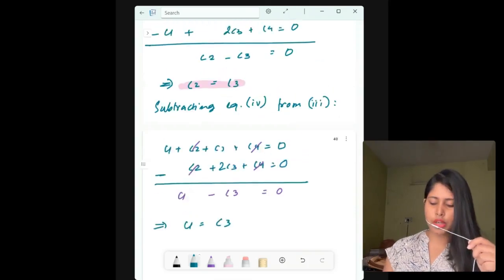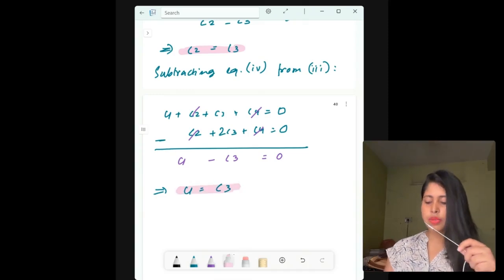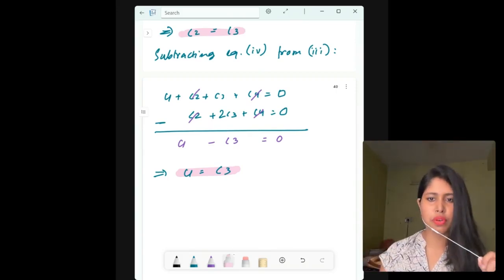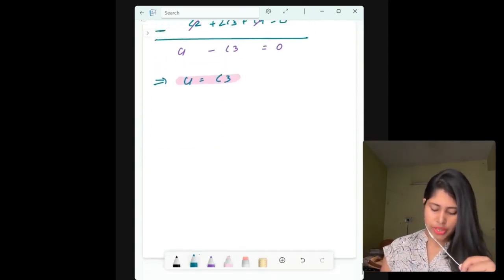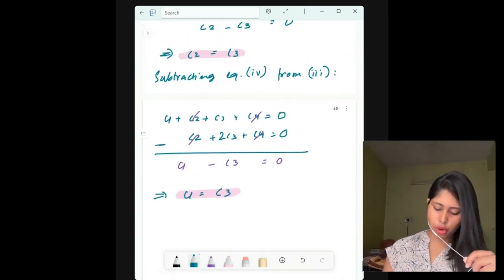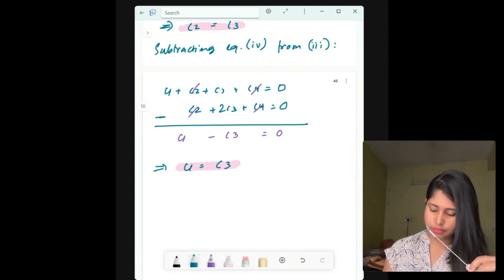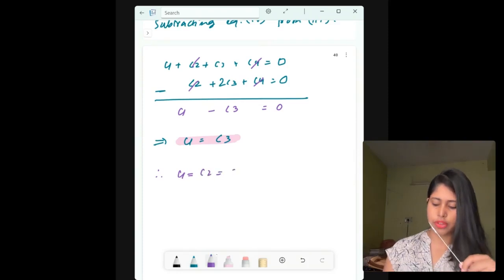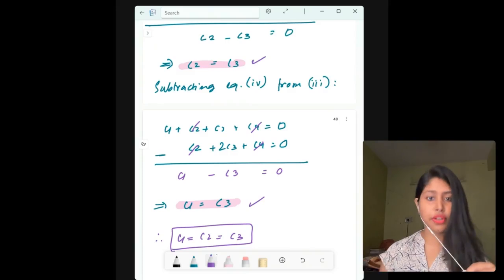From the first relation we got C2 is equal to C3, and next we got C1 is equal to C3. So combining these two results, we get that C1 is equal to C2 is equal to C3, right?